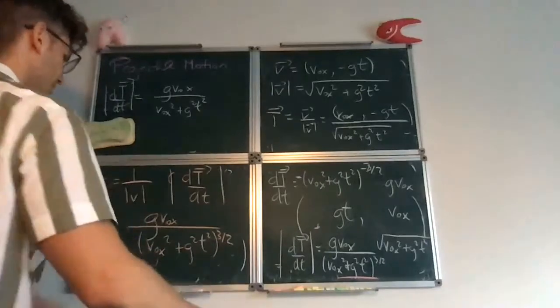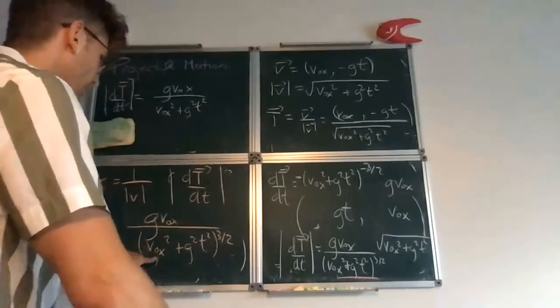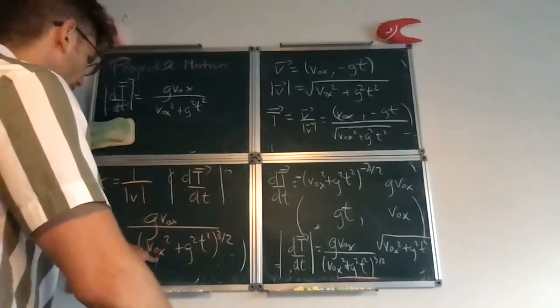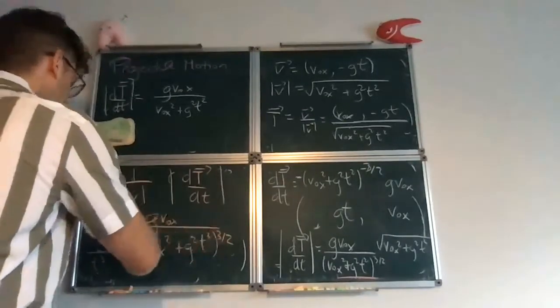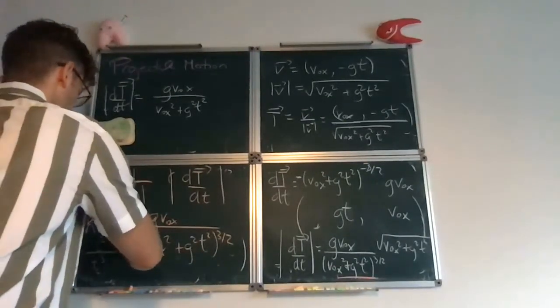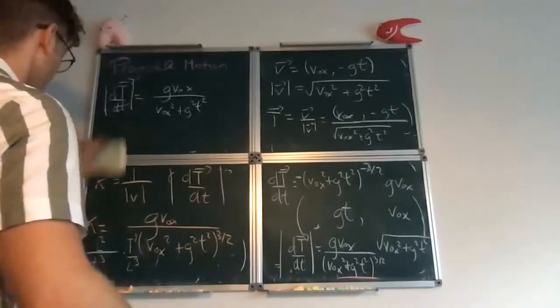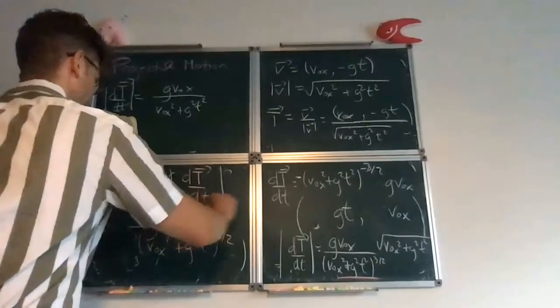And this has units of length squared over time squared. When you take the square root of that, you get length over time. And then you cube that, and so you get time cubed over length cubed, so you get 1 over length. So this has the right units. So this is your formula for the curvature.